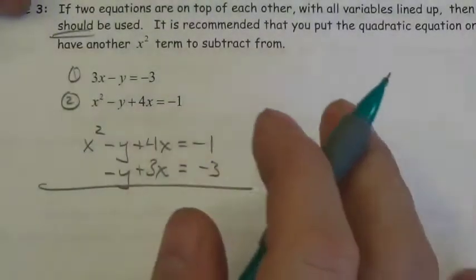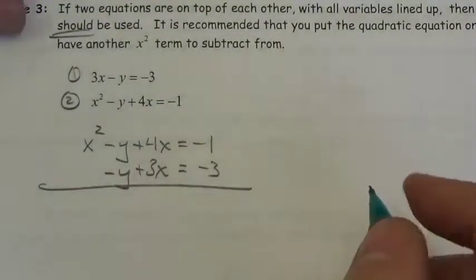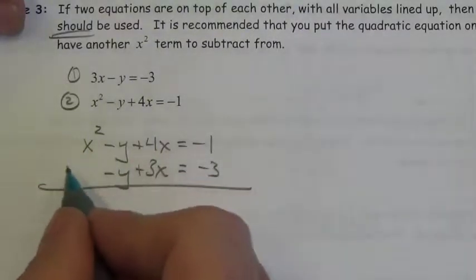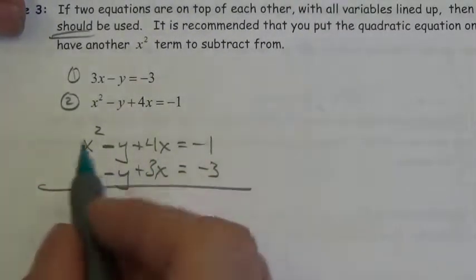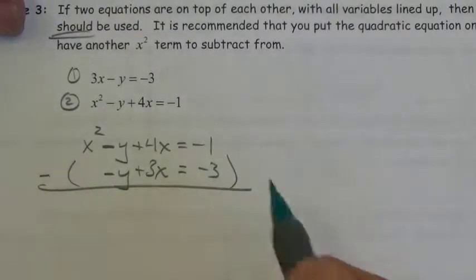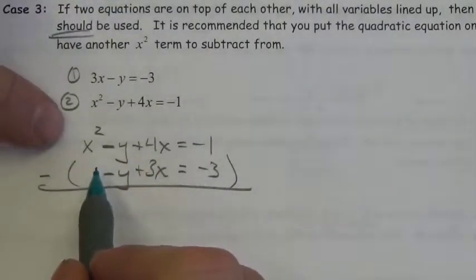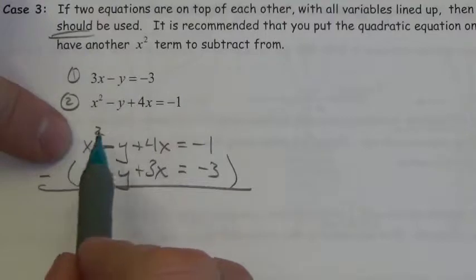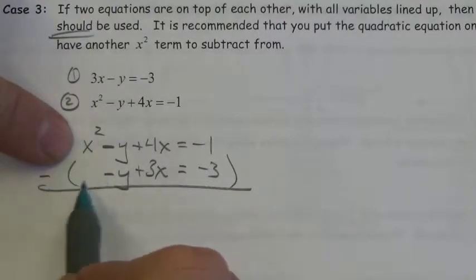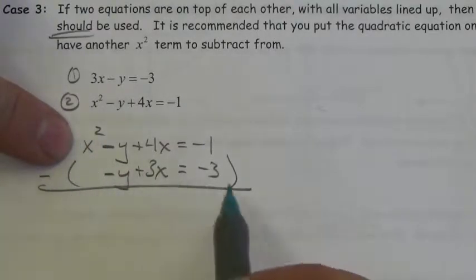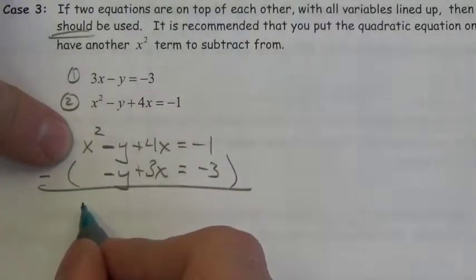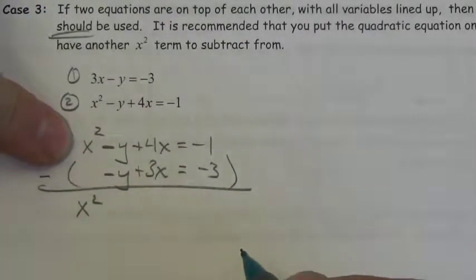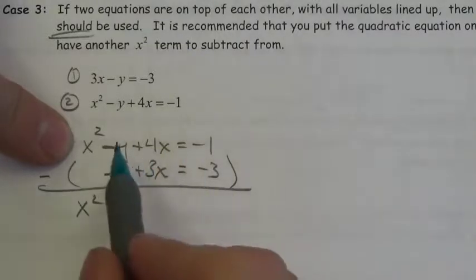This is exactly the same thing you would have done way back in a previous course. But because in this case they're already set up nicely, I'm just going to subtract this second equation. Now watch how this works. x squared minus, well, there is no x squared term in the second equation, so it's 1 minus 0, 1x squared minus no x squared is x squared.